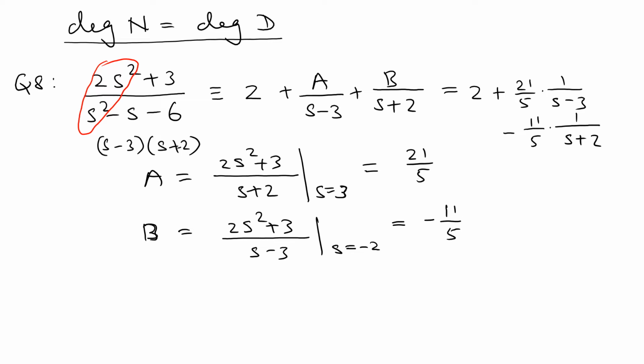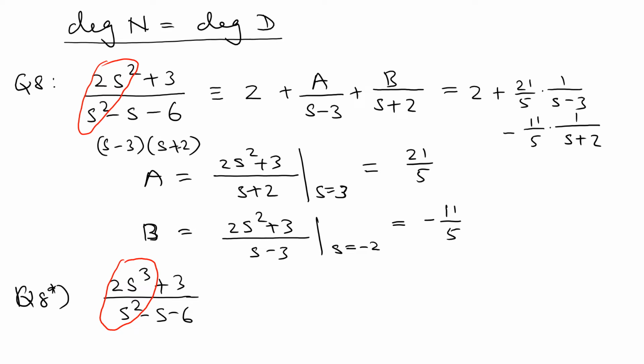And also, what about this one? Let's say, the question I want to ask: can there be a problem like this? 2s cubed plus 3 over s squared minus s minus 6. In a regular partial fraction problem, this is okay, but not when you do Laplace transforms.